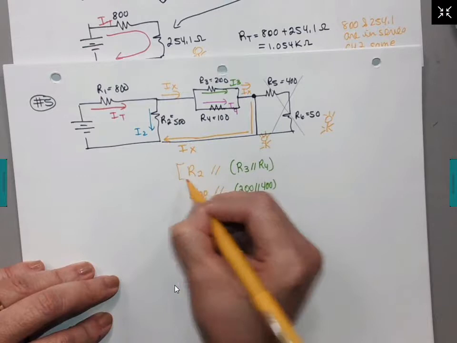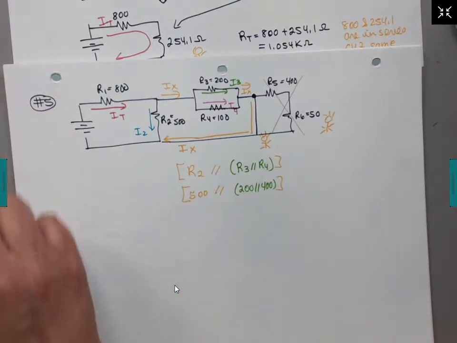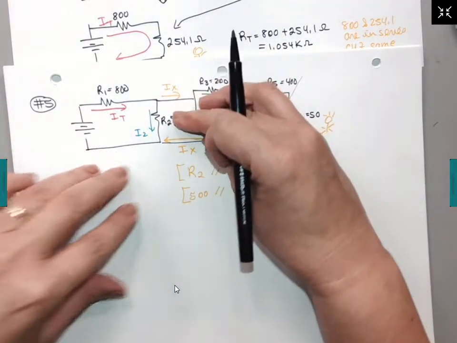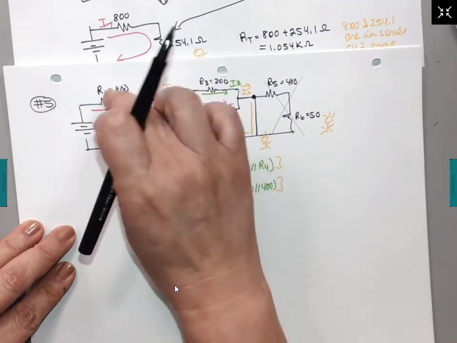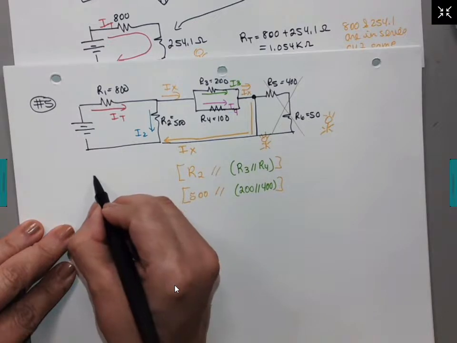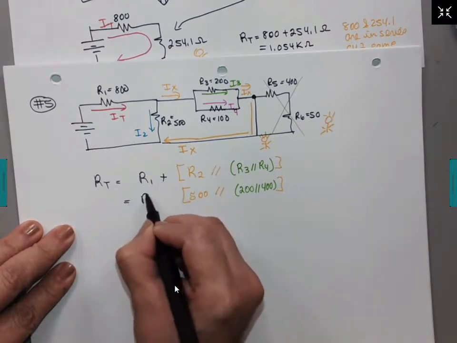Okay? So you put that all in big brackets, or you can redraw. And then the final thing, this all combines to something. What is all that in relationship with R1? Series.